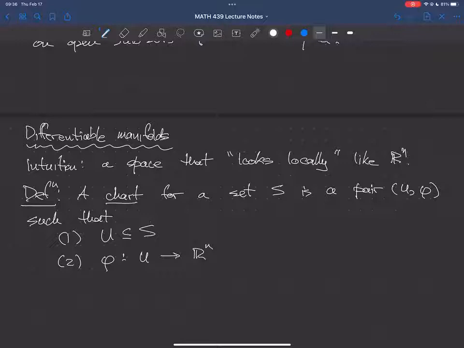Okay, and it's going to have some very particular properties. It is an injective mapping for which its image is an open subset of Rn.